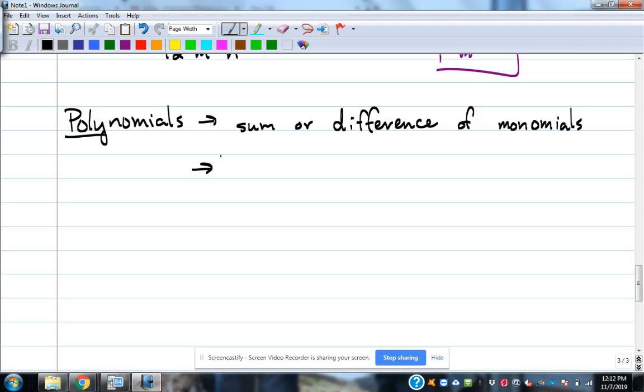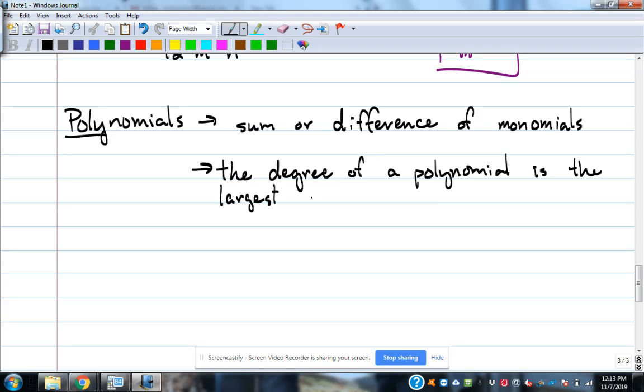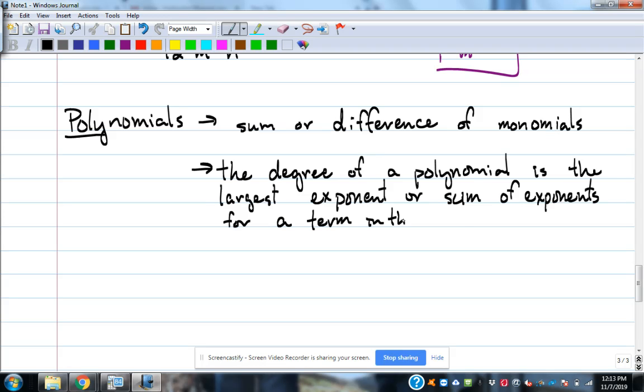Inside of a polynomial, we've got this thing called a degree, and the degree of a polynomial is the largest exponent or sum of exponents for a term in the polynomial.